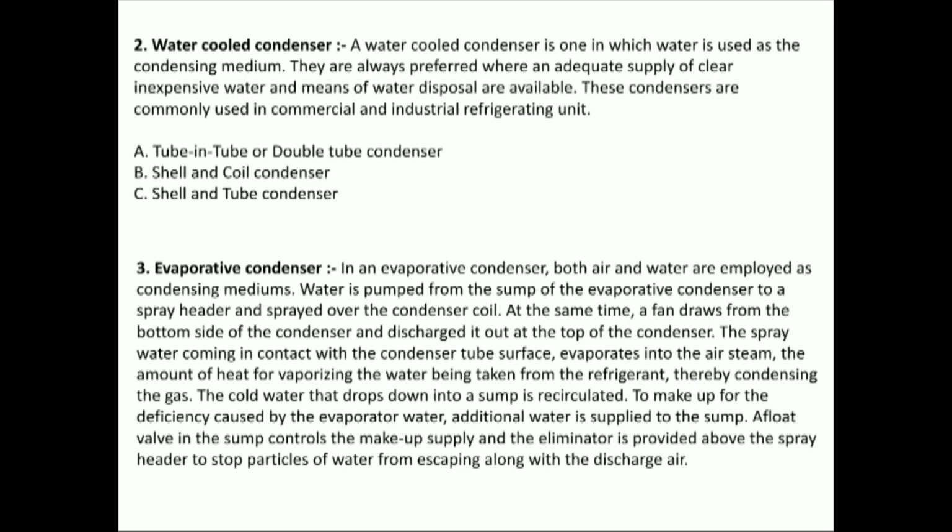The spray water coming in contact with the condenser tube surface evaporates into the air stream, the heat for vaporizing the water being taken from the refrigerant, thereby condensing the gas. The cold water that drops down into the sump is recirculated to make up for the deficiency caused by the evaporated water.